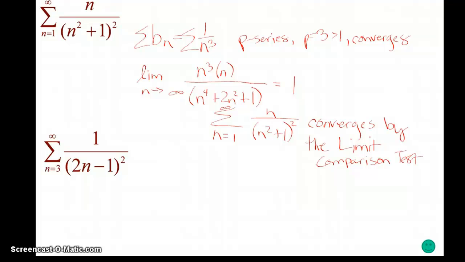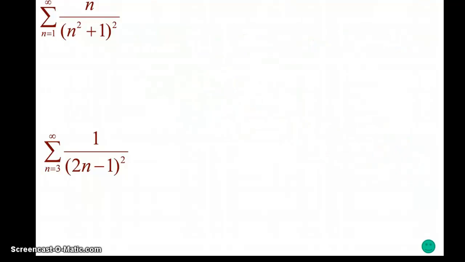So hopefully you see that it's just getting more and more repetitive on what we're doing here. So b sub n for large n, this is acting like 1 over 4n squared. So I would say 1 over n squared, because the 1/4 can be factored out front, and it has absolutely no effect on convergence or divergence.